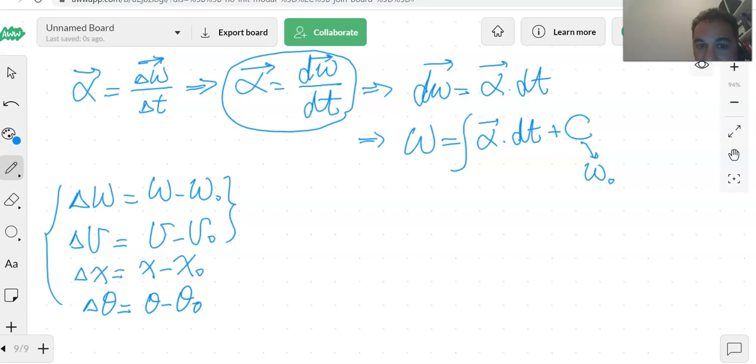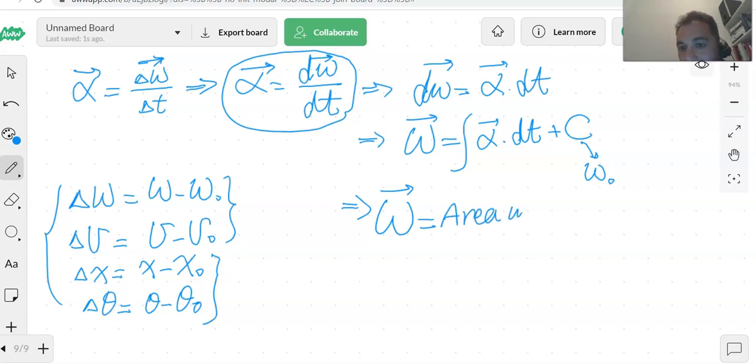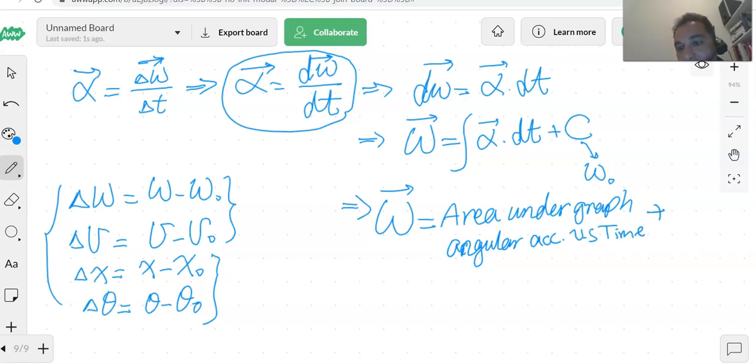So these two are equivalent. These two are equivalent. Therefore, we can say what? Omega is the area under the graph of acceleration, of course it must be angular acceleration, angular acceleration versus time, plus what?